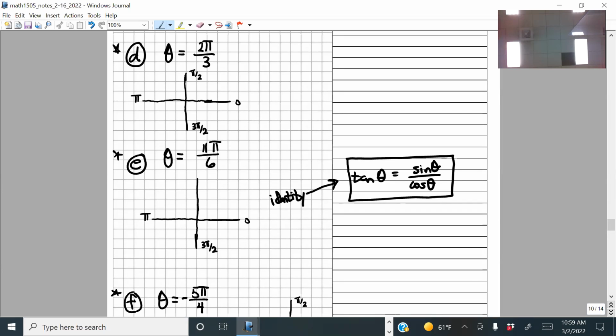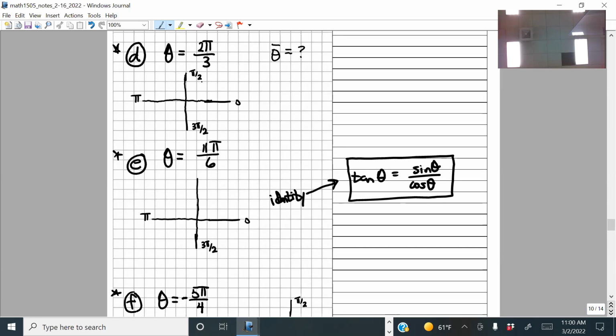So what you want to do is draw the angle, and then draw the reference angle, and then write down what the reference angle is, right? So what is theta bar in this picture, and then use that to compute the sine and cosine of 2 pi over 3.